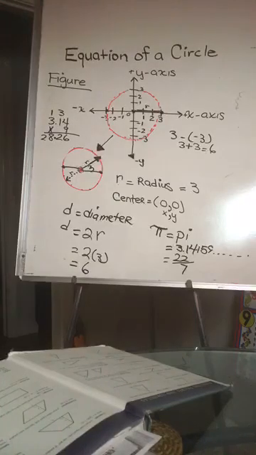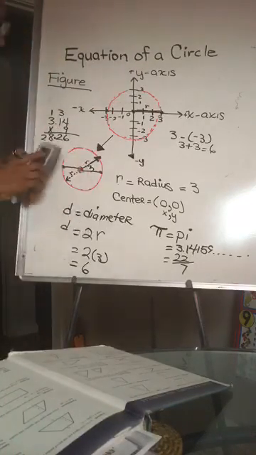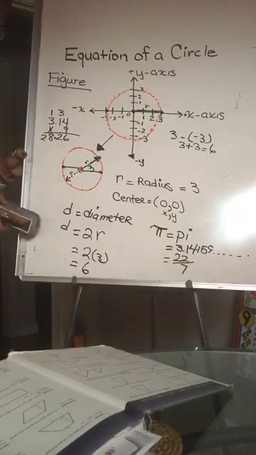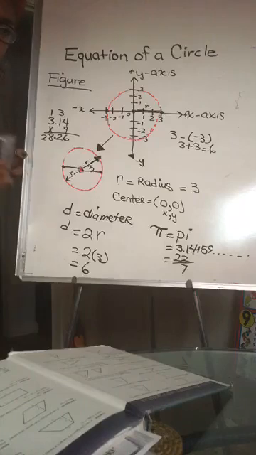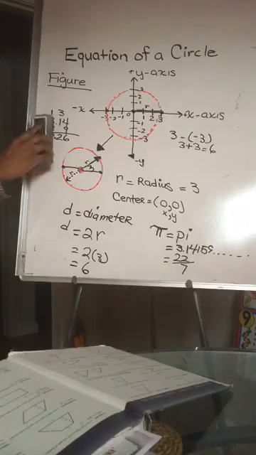All right, so now let's get to our final equation that we need to know, and that is, we want to write the equation of a circle. I'm going to erase all of this. If you missed this, you can always replay and take notes, and hopefully this is helping a student.